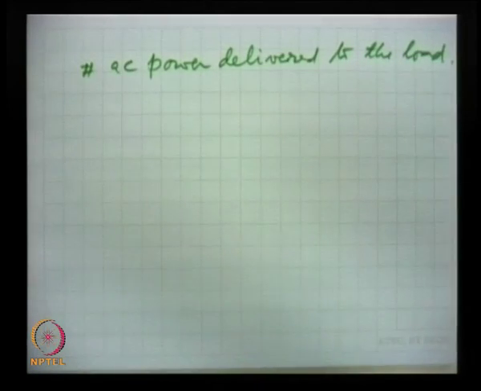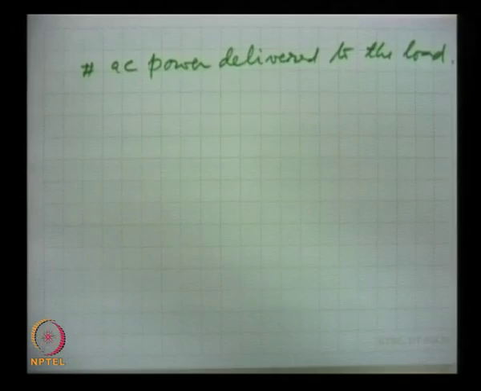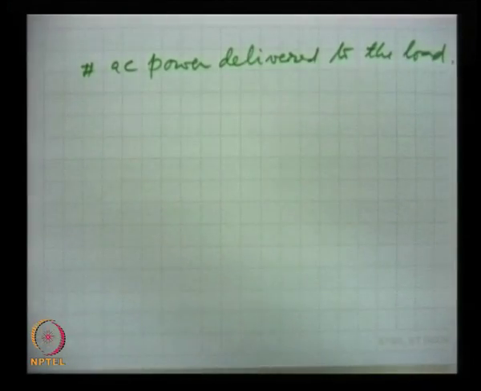This is one consideration. Another consideration is with what conversion efficiency the amplifier provides this AC power. By conversion efficiency we mean, after all, from where will the AC power come? If an amplifier delivers, for example, 50 watts of useful AC power to the load, from where will this power come?